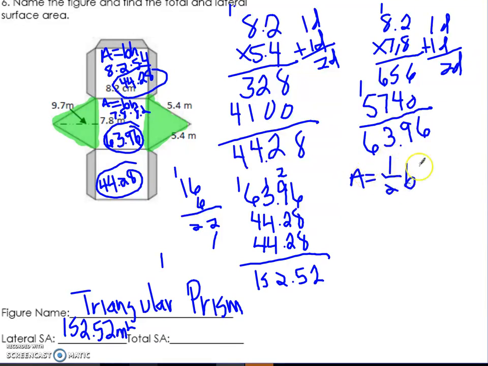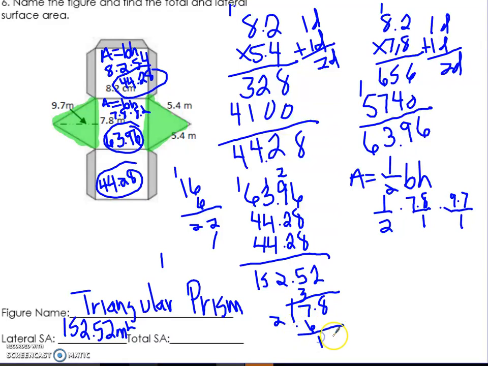Okay, the last part is the triangular bases. So 1/2 base times height. So the base is 7.8 and the height is 9.7. If we want, we can simplify this diagonal by doing 7.8 divided by 2. We can go in there 3 times. And we can go in there 9 times.